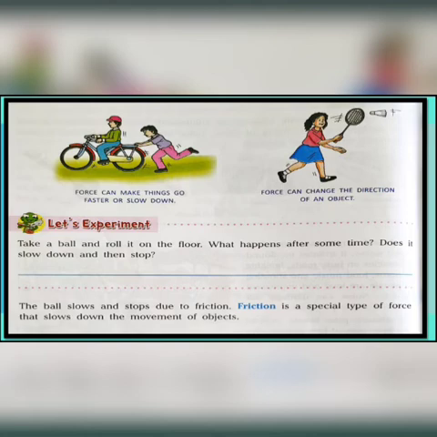When you roll a ball on the floor, what happens after some time? We see that the ball slows and then it stops, and this happens because of friction.